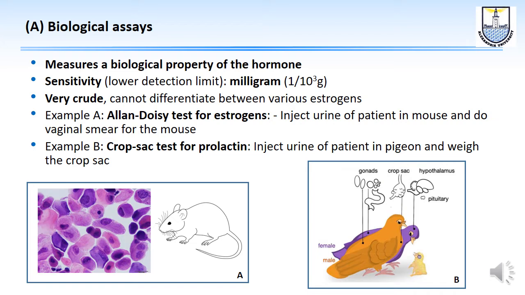Of course, we have to sacrifice the pigeon for that. Now again, these biological assays are very crude. The lower detection limit, what we call the sensitivity of the test, can only be in milligrams. So that's 1 gram divided by 1,000. So they're milligrams, really.